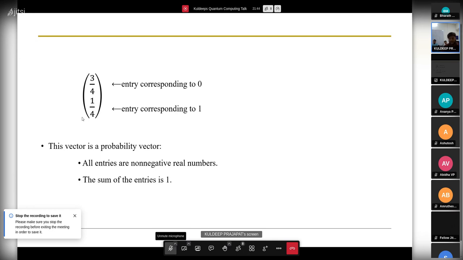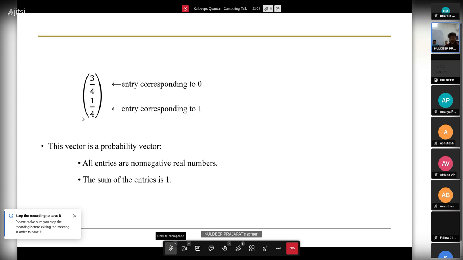We have two states in the bit system. The first entry of this column corresponds to 0, and the second entry corresponds to 1. So 0 has 3/4 probability and 1 has 1/4.